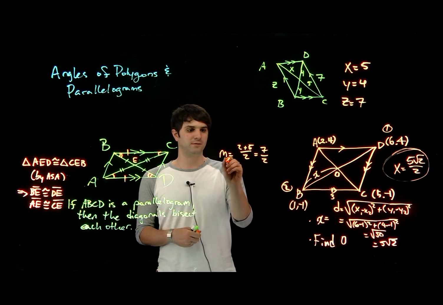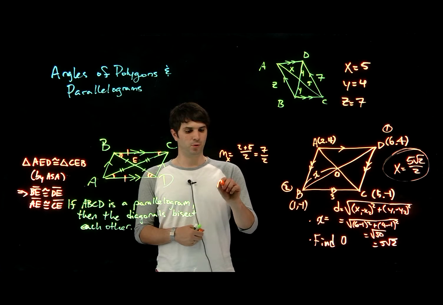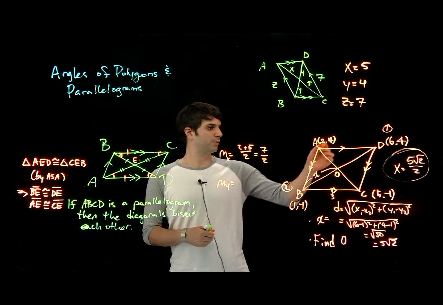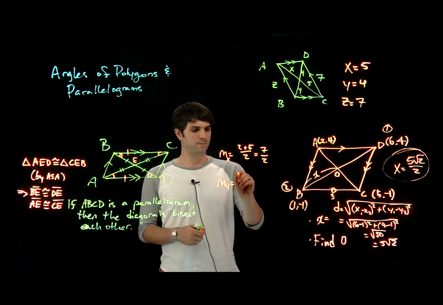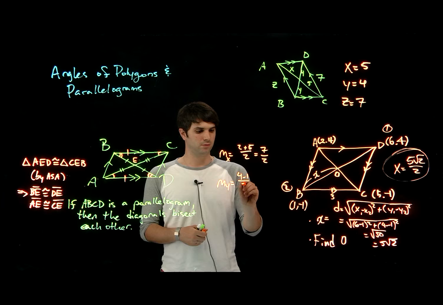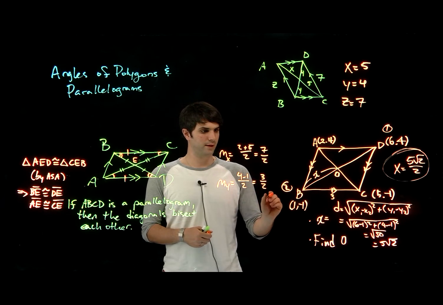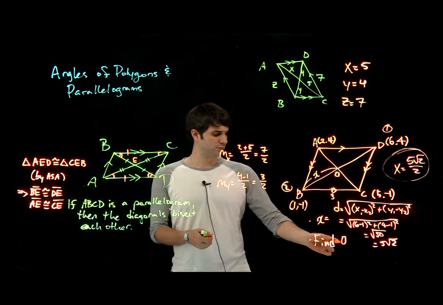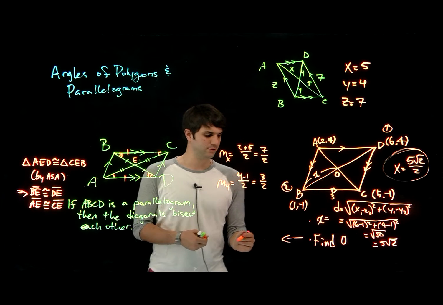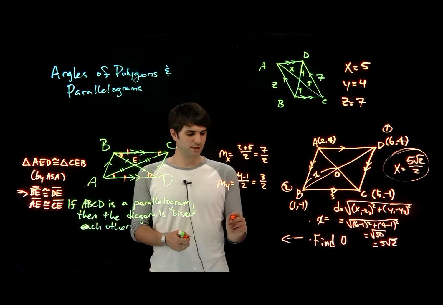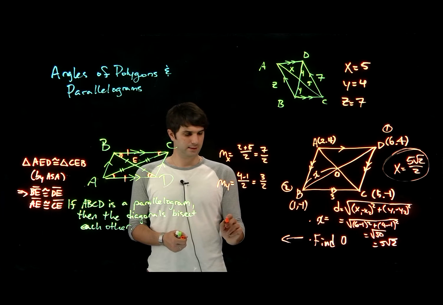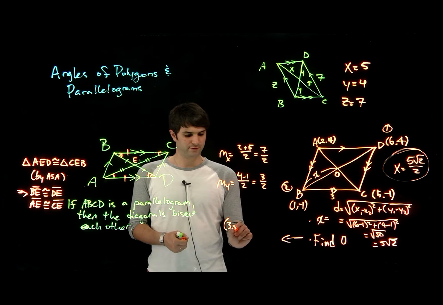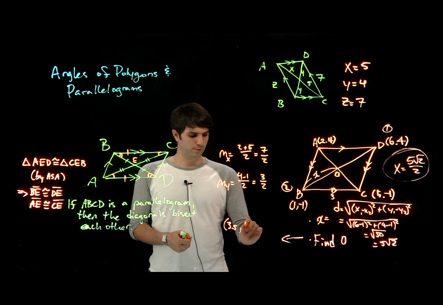The midpoint of y is going to equal (4 minus 1) over 2, which equals 3 over 2. I'm going to convert these into decimals because we're finding O. So this should be 3.5 and 1.5.